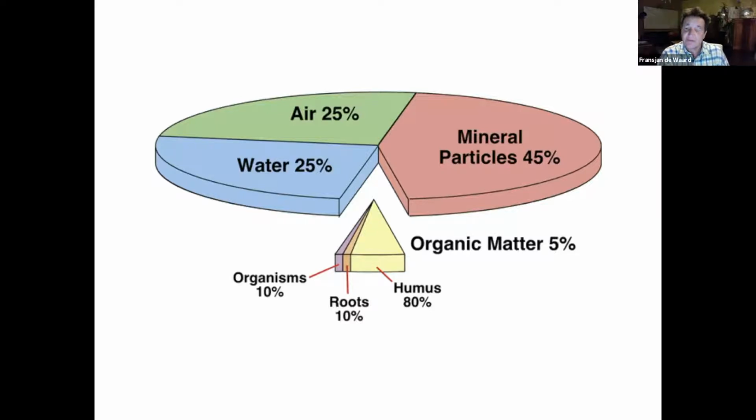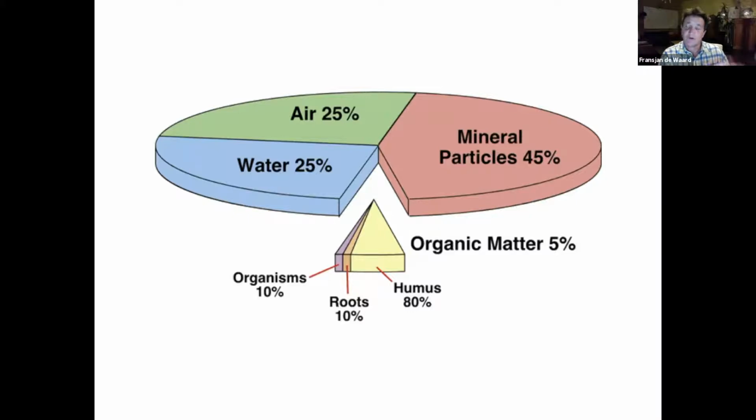And then we have a smaller part that is organic matter, and that encompasses all the forms in which carbon, which is the stuff of life, has shaped itself and is to be found. So it says organisms, those would be live organisms.